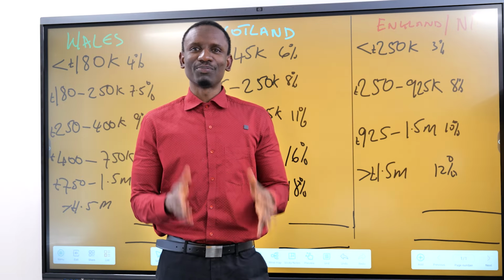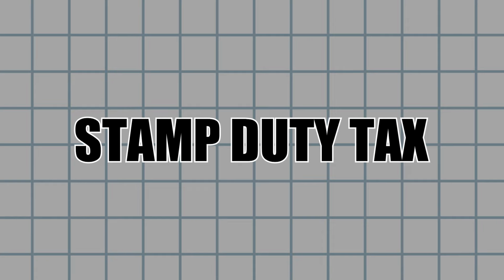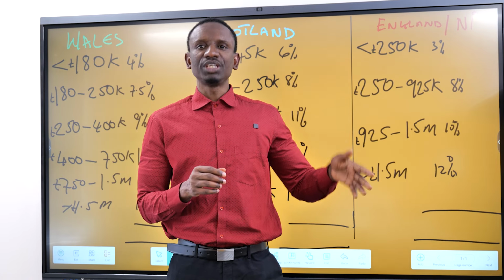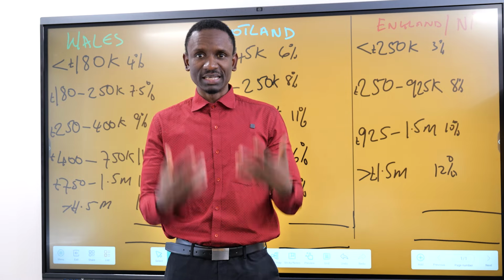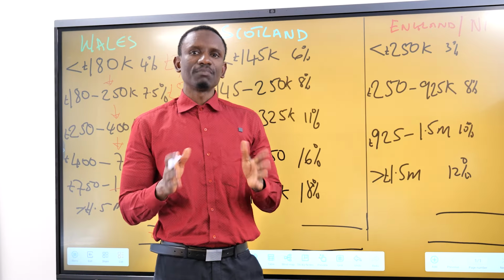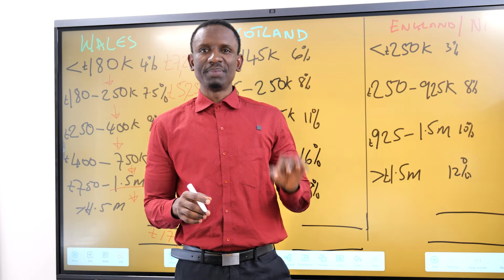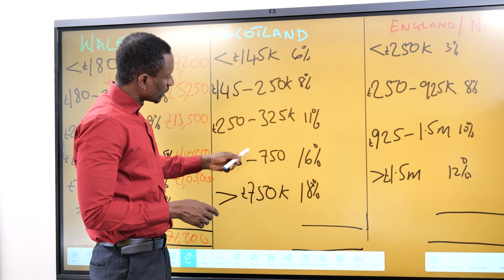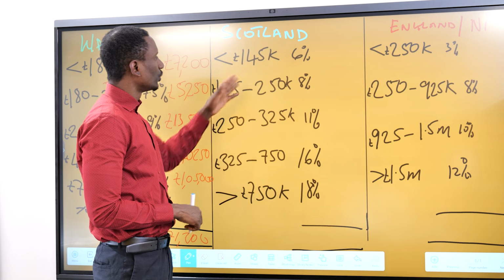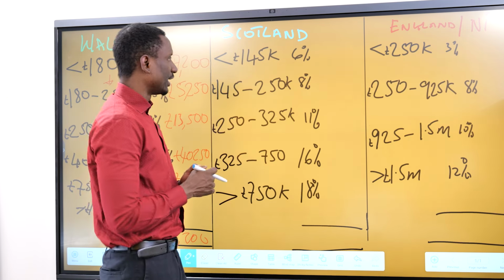In order to buy a property legally in the UK, you would have to pay a stamp duty tax. Each of these regions calls the tax you pay for buying properties or land differently. In Wales, the stamp duty is called Land and Building Transaction Tax, in short, LBTT. So we've got various steps of how much tax you'd need to pay for buying an investment property in Wales.